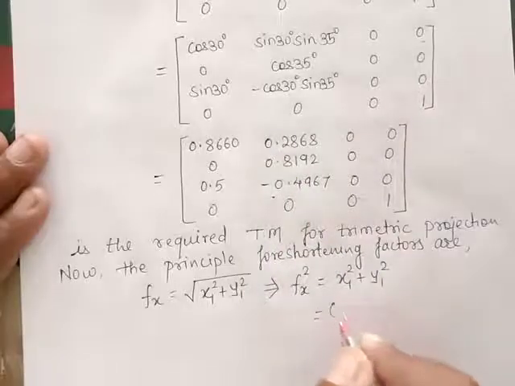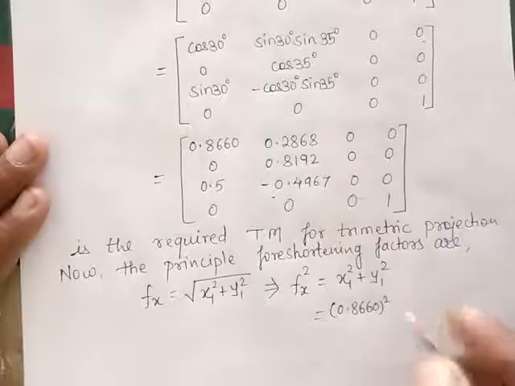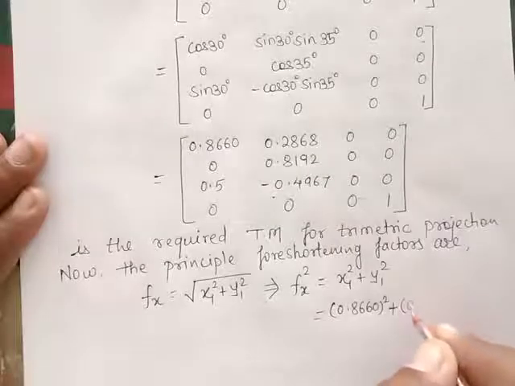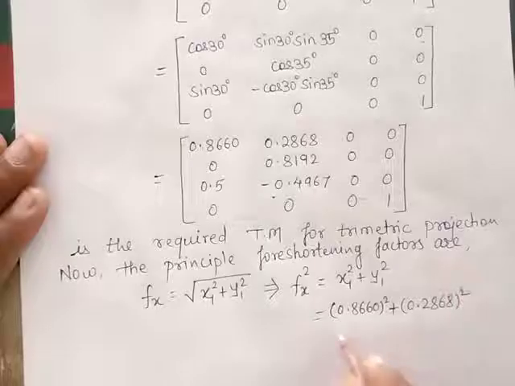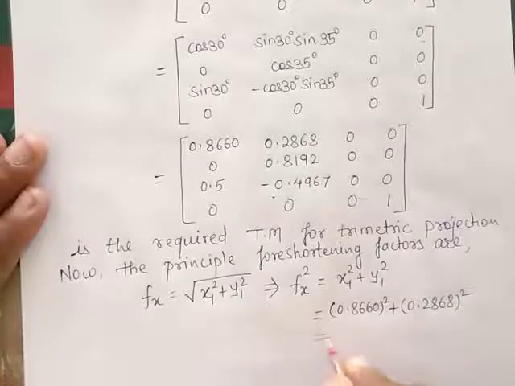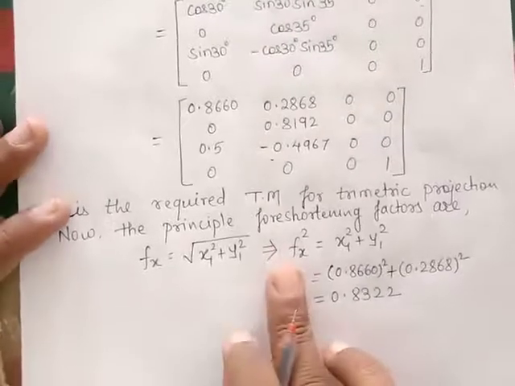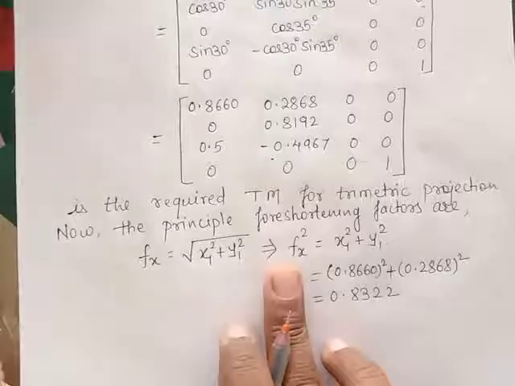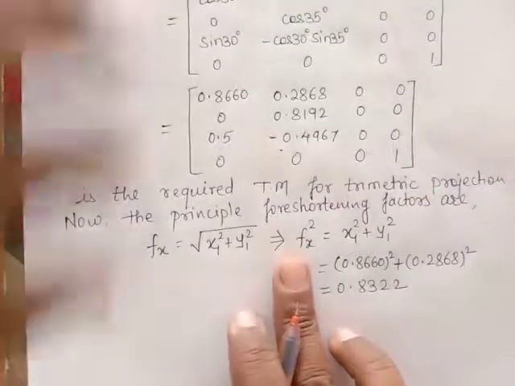So x1 is 0.8660 square plus 0.2868 square. Squaring and adding them, we will get 0.8322. But this is what? Fx square is this. I want fx. So for that, I will take a square root on both sides.